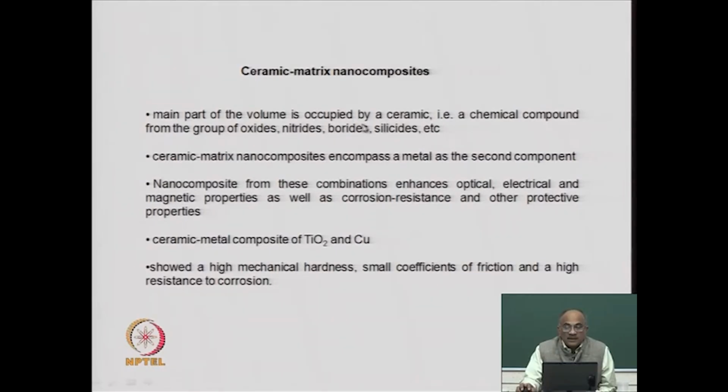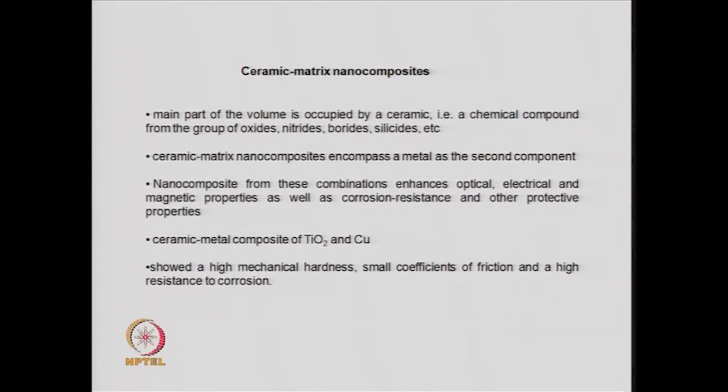When most of the bulk is this ceramic, and you have a small amount of other nano dopant or nanoparticles, then those are called ceramic matrix nanocomposites. And these typically can encompass metal nanoparticles. So, the metal nanoparticles are the second component, embedded in this ceramic matrix.